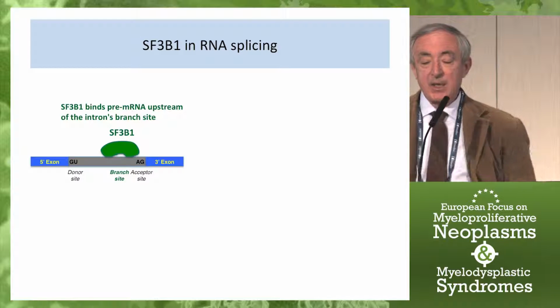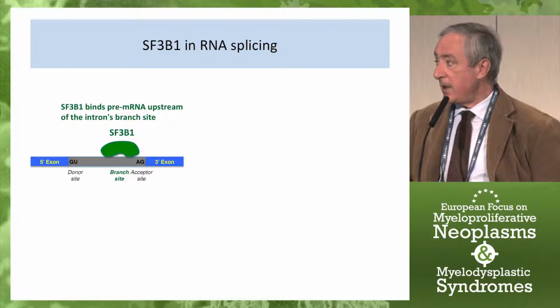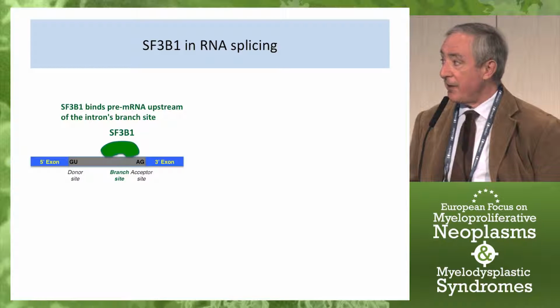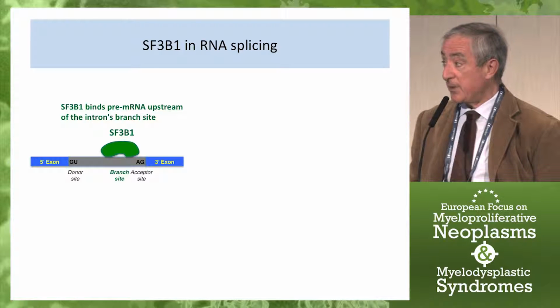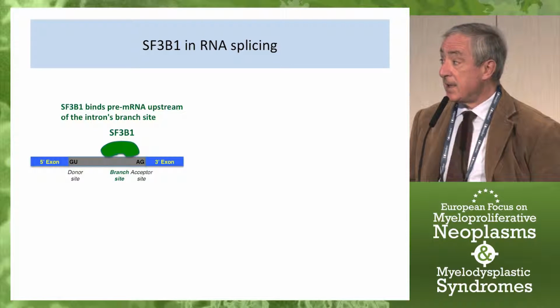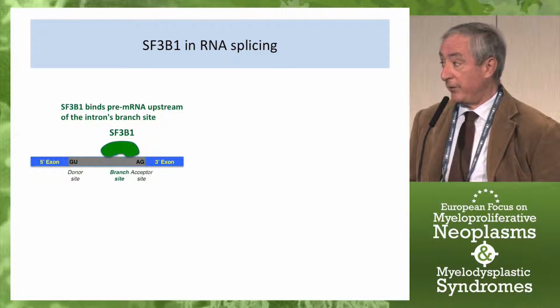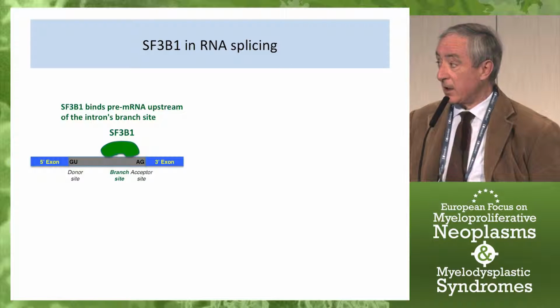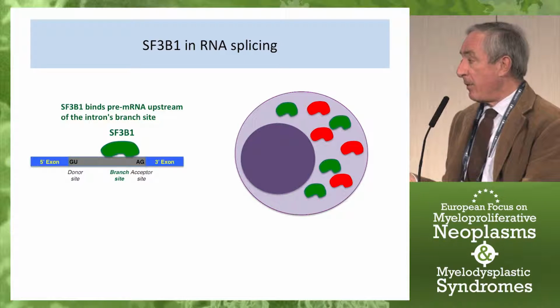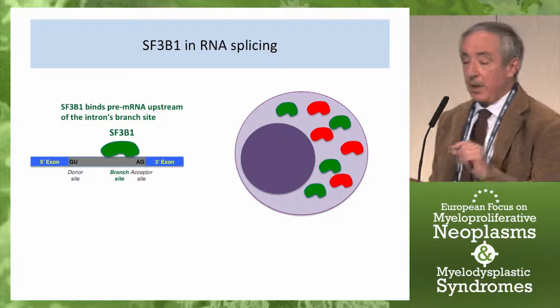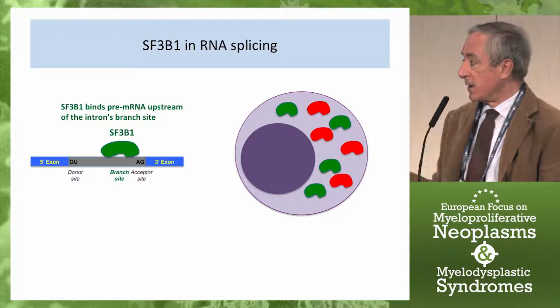In order to understand what happens, first you should consider that SF3B1 binds RNA at the intron-exon junction, and then the interaction of the spliceosome leads to the excision of the intron and the splicing of the two exons. In a patient with SF3B1 mutant MDS, the mutation is always heterozygous.